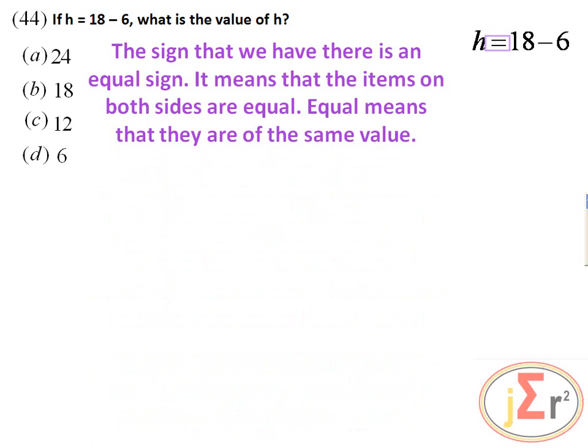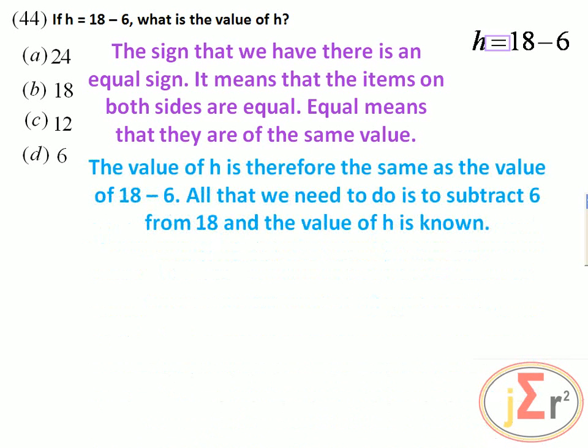The sign that we have there is an equal sign. It means that the items on both sides are equal. Equal means that they have the same value. The value of H is therefore the same as the value of 18 minus 6. All that we need to do is to subtract 6 from 18, and the value of H is known.